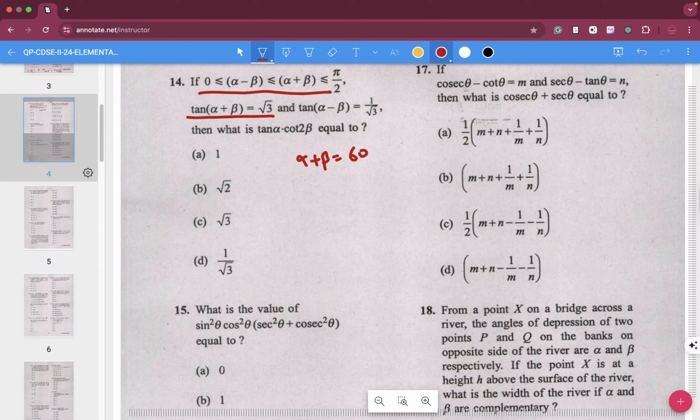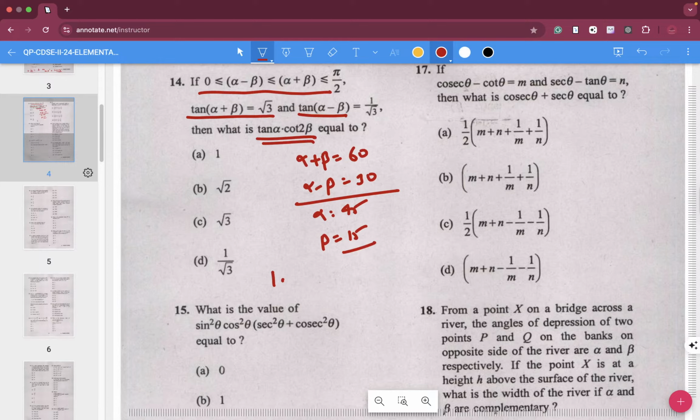Now tan of alpha minus beta is 1 by root 3, which means alpha minus beta is obviously 30, because tan 30 is 1 by root 3. Now if you solve for it, you get alpha is equal to 45 and beta is equal to 15. So now they have asked you tan alpha.